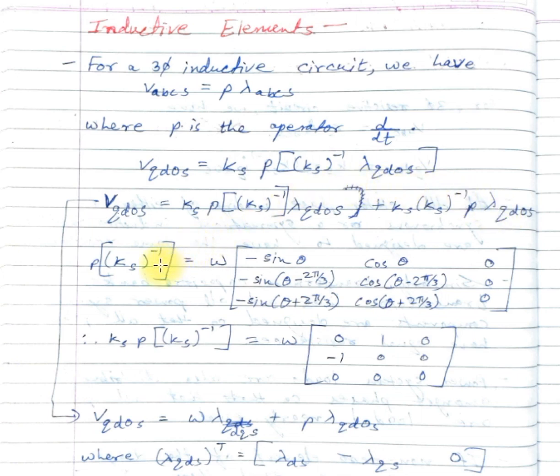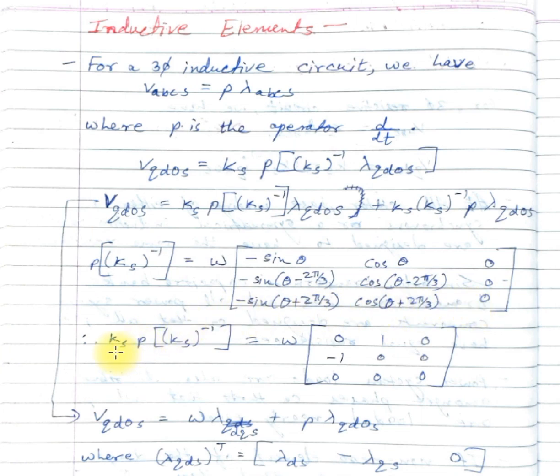If you look at the annexures, you will get a clear indication of d by dt of Ks inverse, which is equal to omega into minus sine theta, cos theta, 0; minus sine of theta minus 2 pi by 3, cos of theta minus 2 pi by 3, 0; and minus sine of theta plus 2 pi by 3, cos of theta plus 2 pi by 3, and 0.